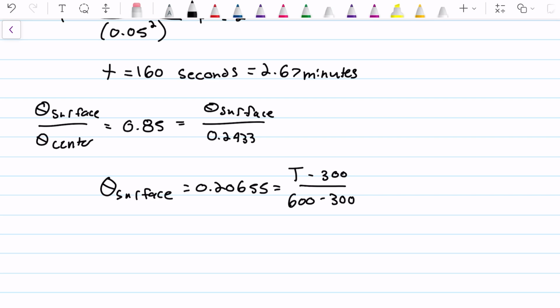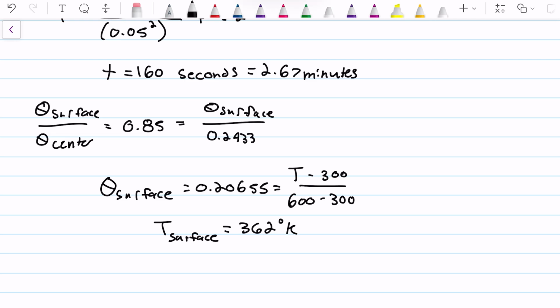And so now we can solve for T. So basically take our result times 300 and then add 300. And our temperature at the surface at that final moment is going to be 361.9. We'll just say 362 Kelvin.